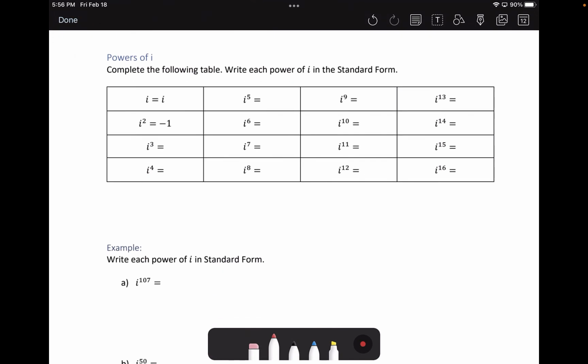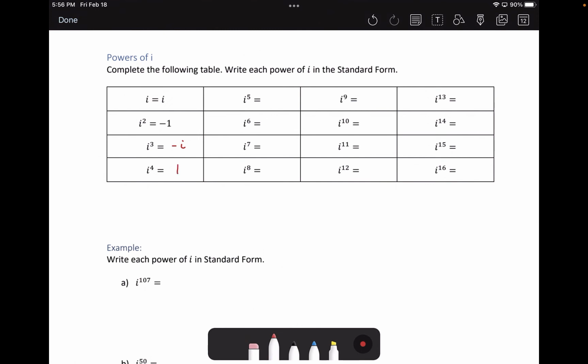Next, we'll look at powers of i. Complete the table for each power of i. So notice the first two are given. i is i, i squared is -1, i cubed is -i. And then negative i times i again will become 1.